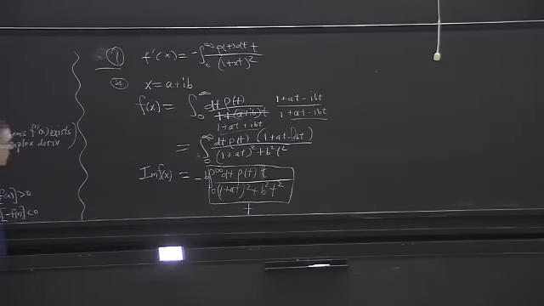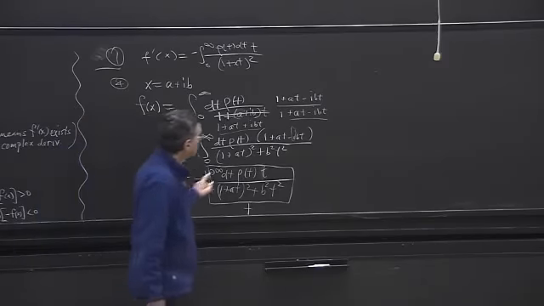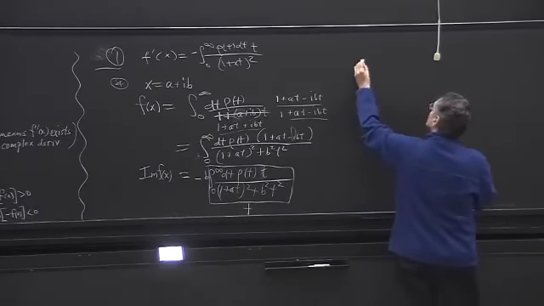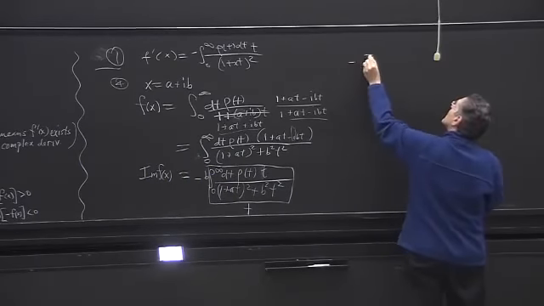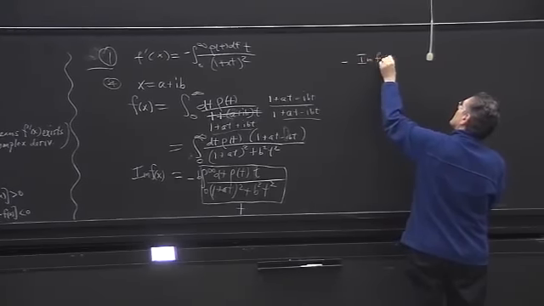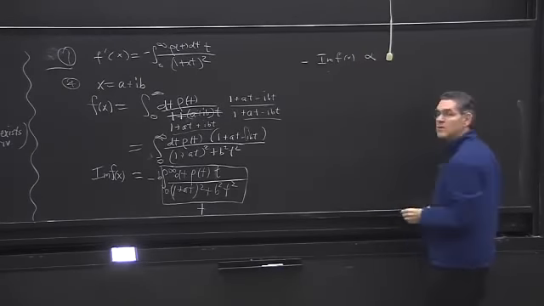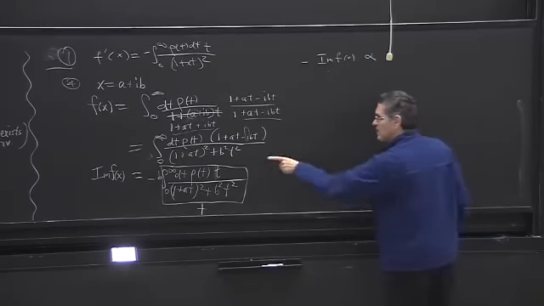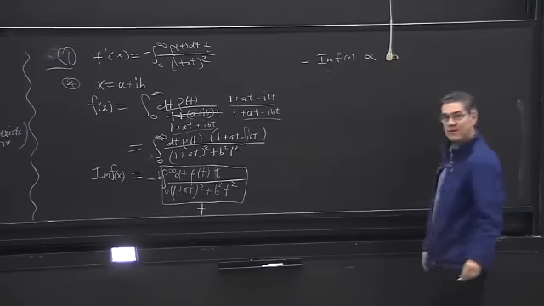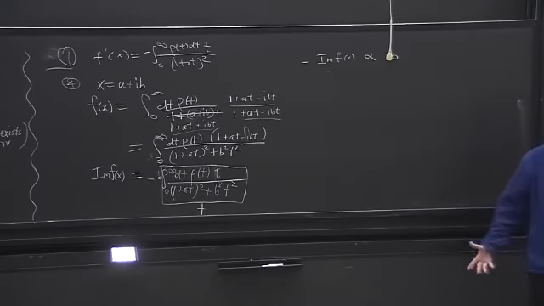Okay? So we proved that minus the imaginary part of f of x is proportional to b, where the proportionality constant is a positive number.